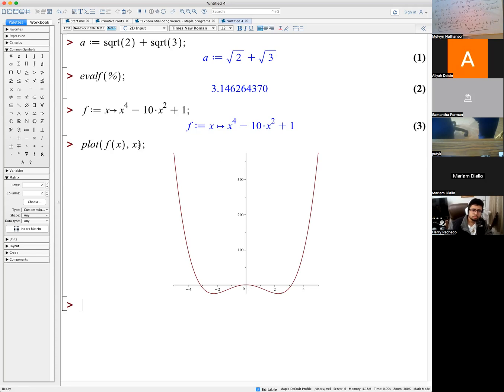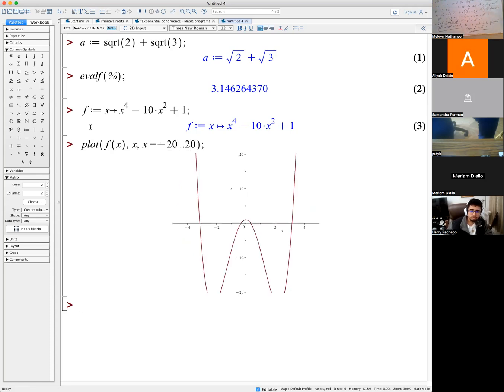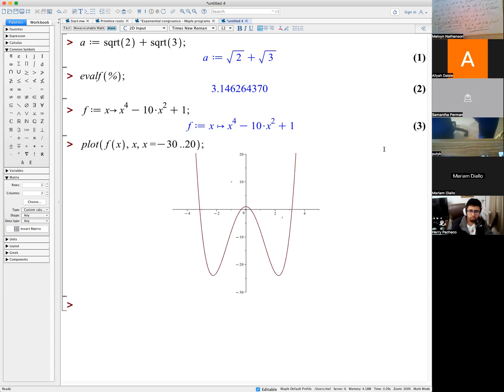Actually, if you see, let's load up a little bit. Yeah, that's my graph. So it looks like where this graph crosses the x-axis, it crosses the x-axis in 4 points, but this point looks like it might be 3.1462.